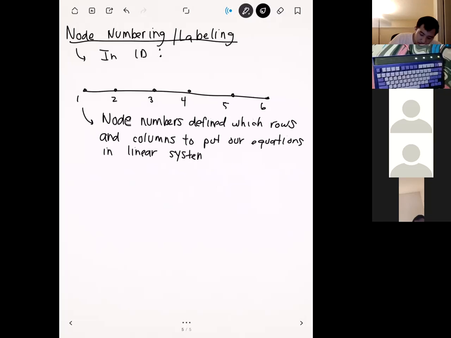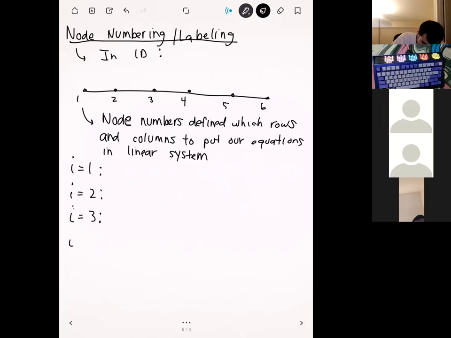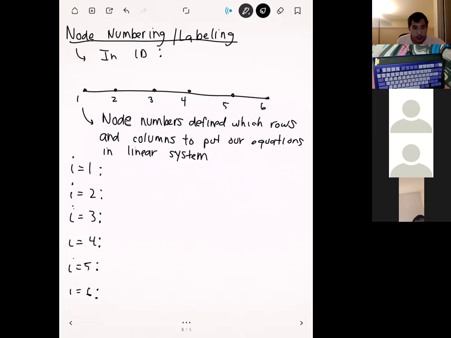Just to refresh your memory, for a 6-node grid, we'd have different equations for each of the different I values, where I was our node index. Depending on whether we're at an interior node or at a boundary node, we had an equation that governed the physics of that node. Those equations turned into our system of linear equations that we solved in MATLAB.